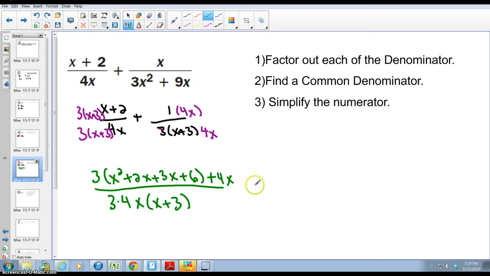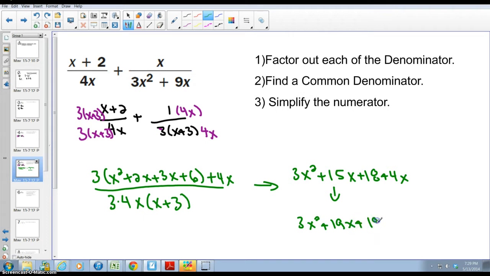If I were to clean this up a little bit, I have 3x squared plus 15x plus 18 plus 4x in the numerator, which then becomes 3x squared plus 19x plus 18 over 12x times (x plus 3).